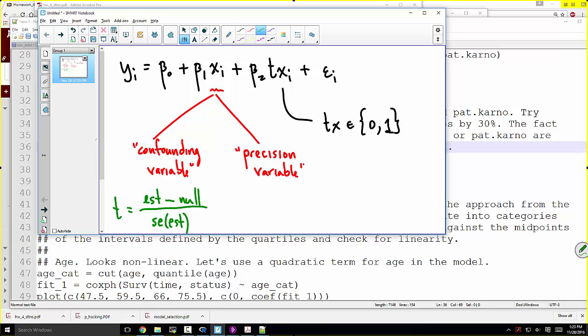Think about how many observations do you have per variable. Don't have many. So in cases where sample size is at a premium, you might not want to include a precision variable. If you have plenty of observations to go around, you really have no reason not to include a precision variable.